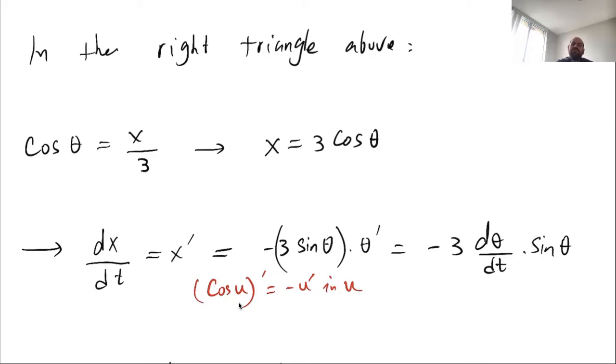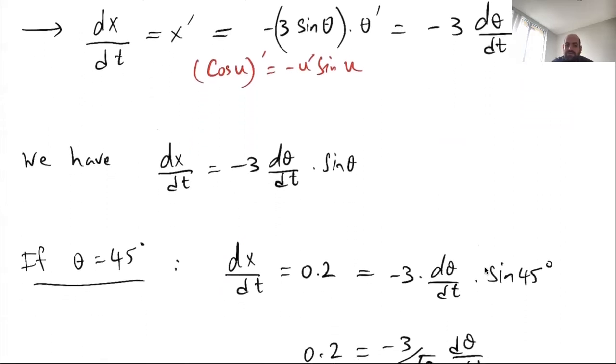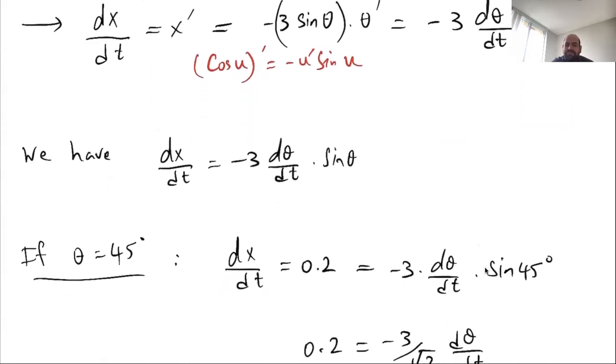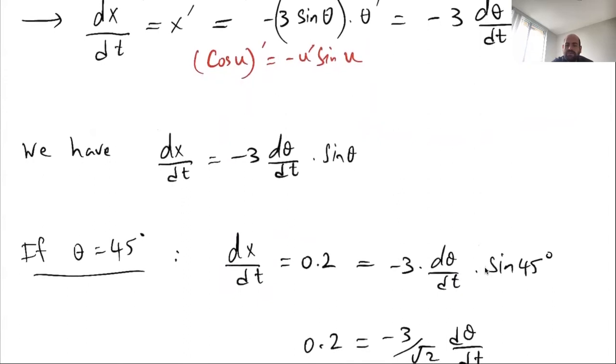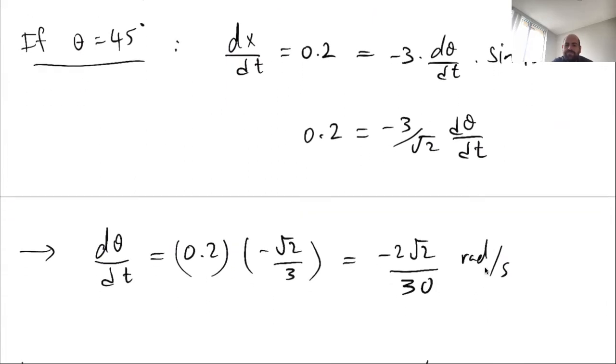So the derivative of cos u is minus u prime sine u, which is just replace u with theta. We got this, theta prime is d theta/dt. And then we just use this formula. We use the value of dx/dt, and we use it to find the value of d theta/dt.